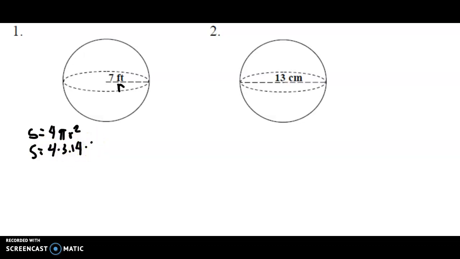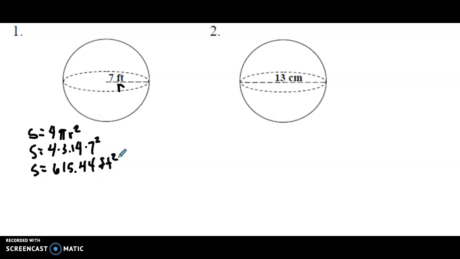The radius is 7, and we'll square that. Type that into your calculator and you're going to get 615.44. And the unit for surface area, because it's area, is square units, don't forget that. So it'll be feet squared.